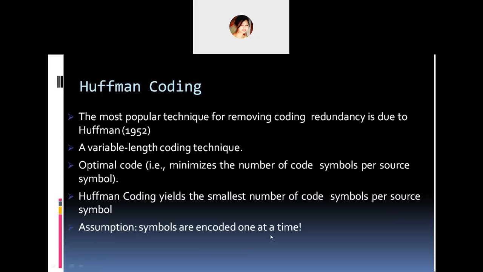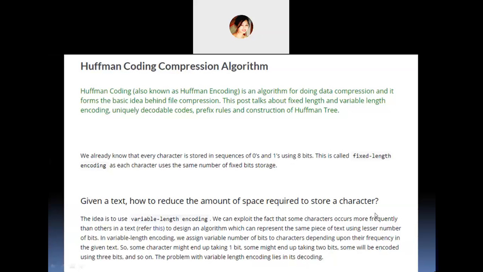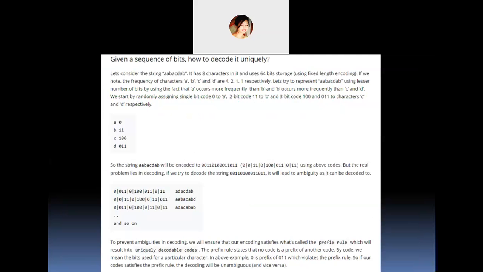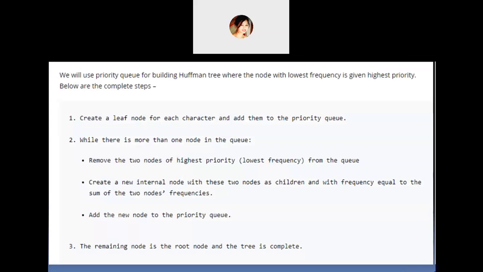Then Huffman encoding. Huffman encoding is also a very popular type of lossless compression where a variable length coding technique is used, and this coding technique is mostly used for removing coding redundancy. Here symbols are encoded one at a time.